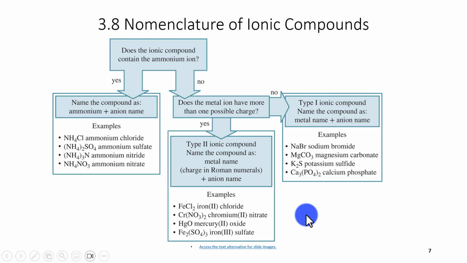Go ahead and practice a bunch of these to get the hang of it. They're not that difficult. You just have to do a few to really cement whether you have a type 1 or a type 2, using polyatomic ions, how to figure out what the charges are.